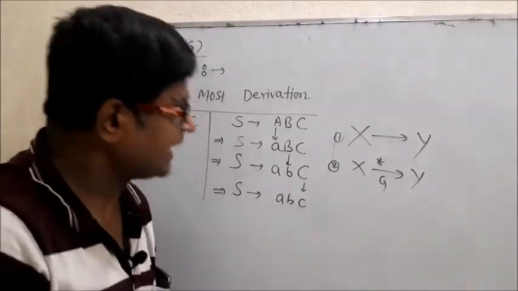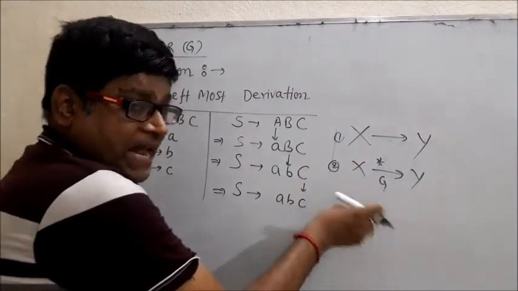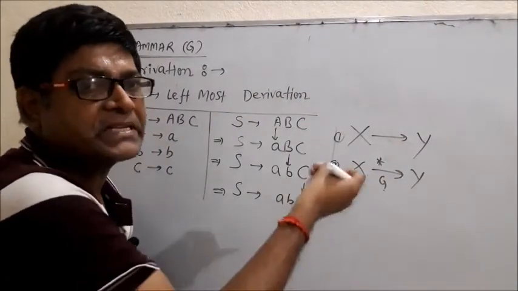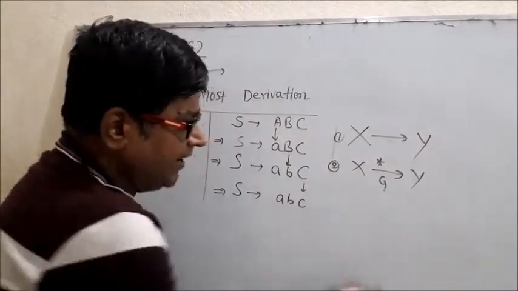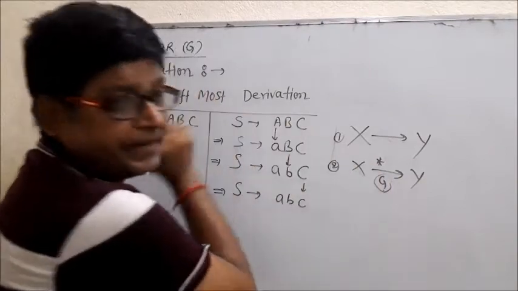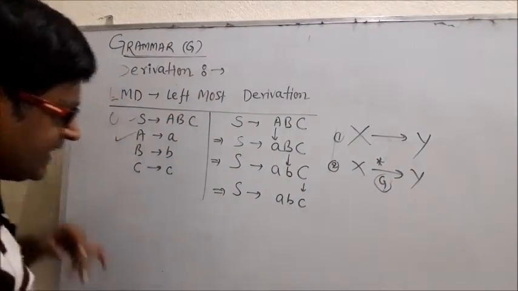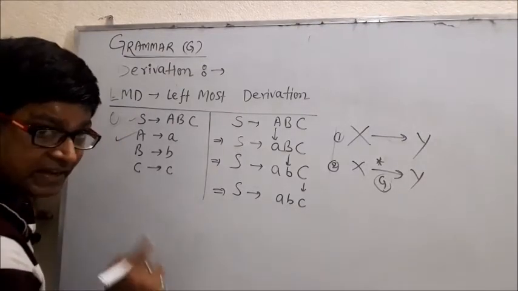But in the second case, I have put star. Star means what? By applying multiple steps, I got Y as a string with the given grammar. Grammar means production rule. So here, in this case, what will I get? I am getting S tends to ABC.